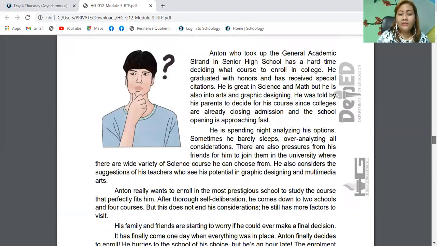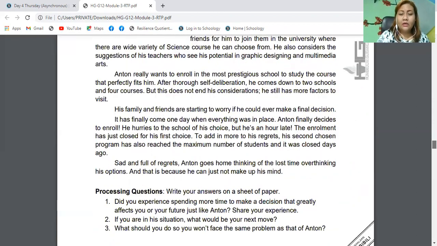So the story of Anton will serve as an example so that you will know yourself, if you can make a decision that affects your future, or if you can make a decision that will be important for your growth and development, so that you will know what your next move will be.